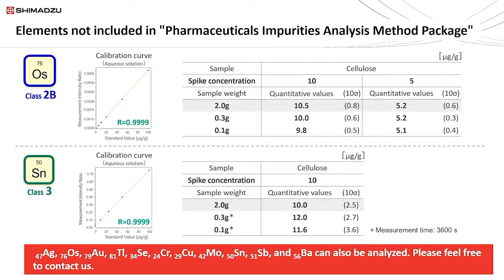If you have questions with regards to the analysis of these elements, please feel free to contact Shimadzu. We will be happy to help and develop methods with you in a helpful fashion.